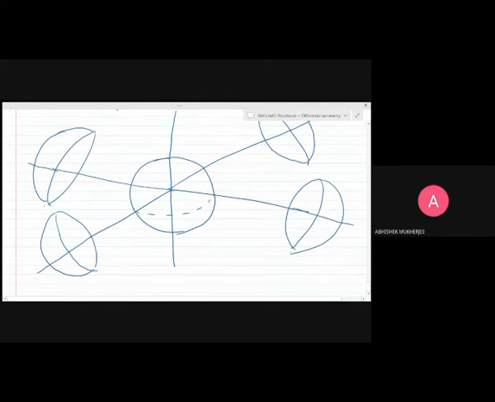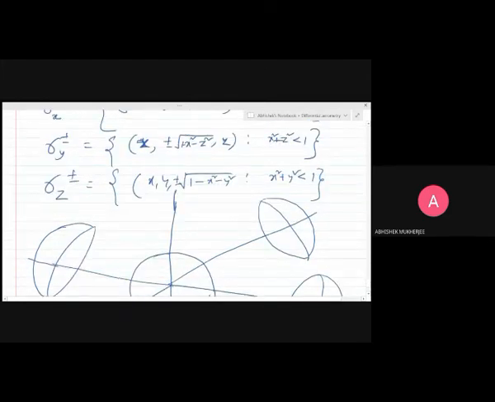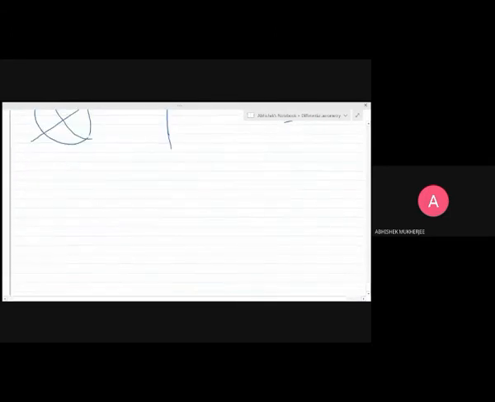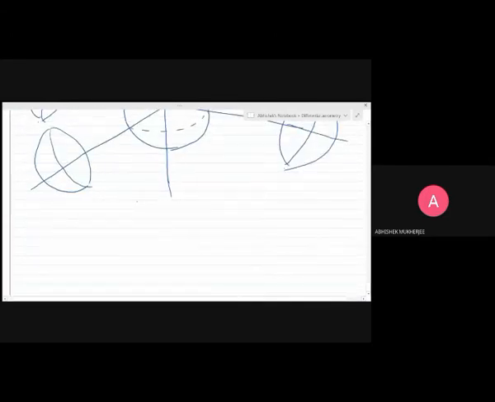This one, and if you go up, then this is... yeah.